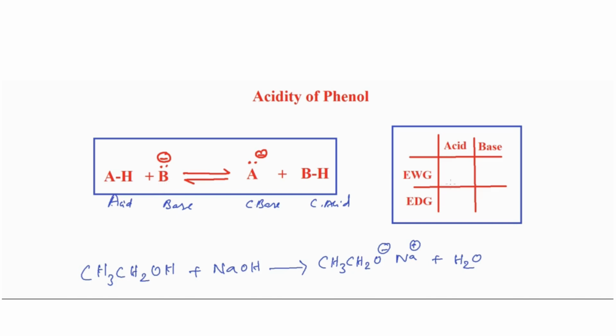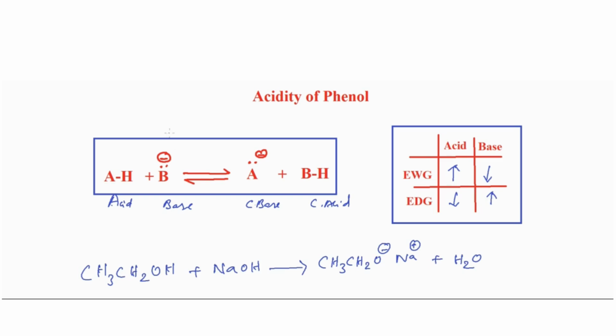The second one is that certain groups can increase or decrease acidity and basicity. The electron withdrawing group always increases the acidity and decreases the basicity. The electron donating groups decrease the acidity and increase the basicity.